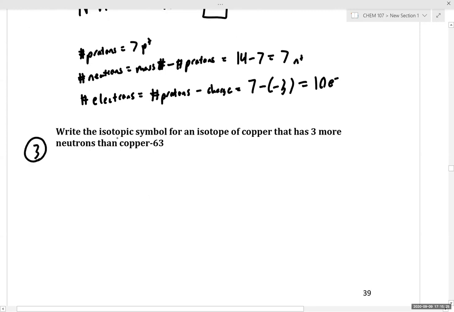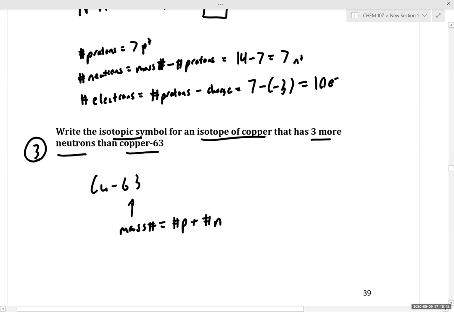So our goal for this problem is to write the isotope symbol for an isotope of copper that has 3 more neutrons than copper 63. Now, if we think about what this mass number represents, if the mass number is equal to the number of protons plus the number of neutrons, what happens if we have 3 more neutrons?